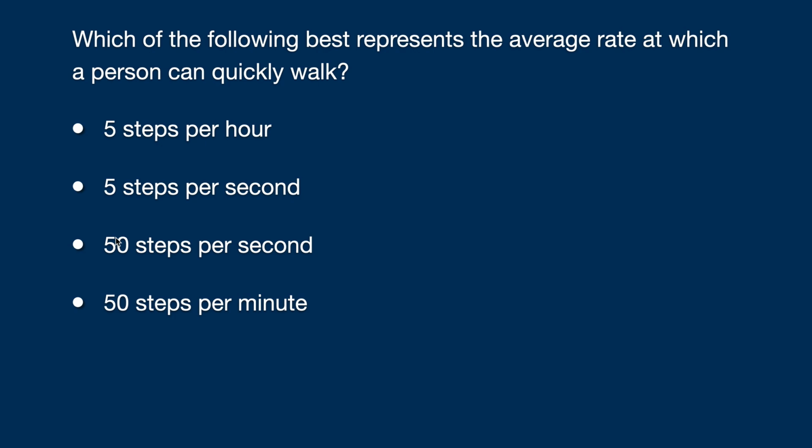That seems impossible to move that fast. 50 steps per minute. That seems pretty accurate. So I think 50 steps per minute makes more sense than 5 steps per second. That's more sprinting, not walking. So we're going to go with 50 steps per minute, which makes the most sense.